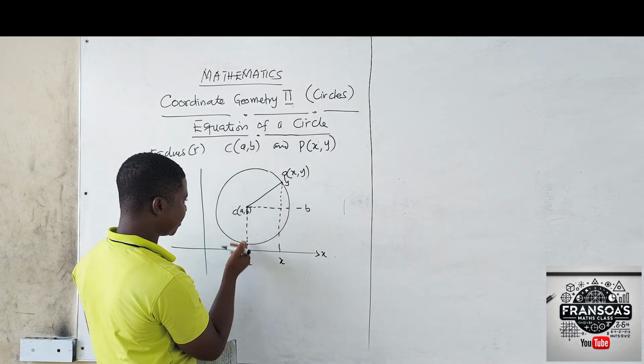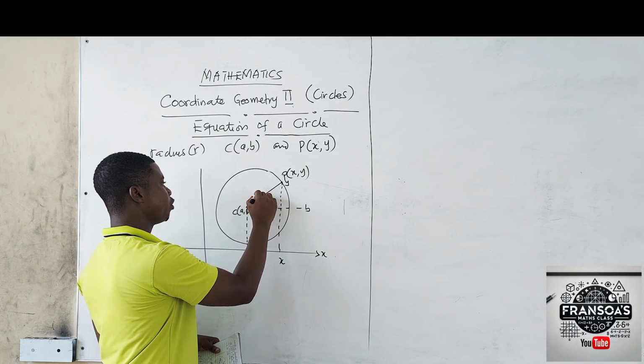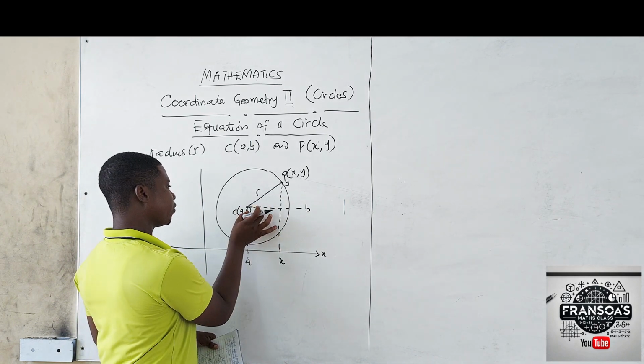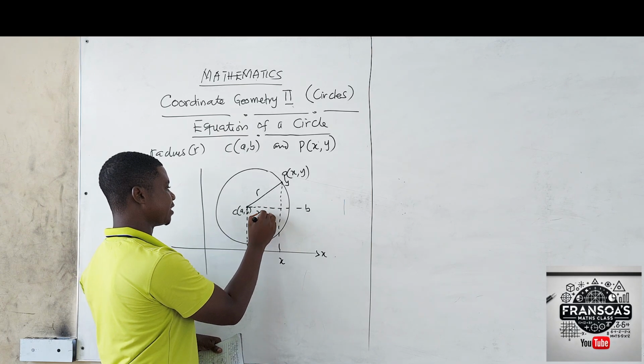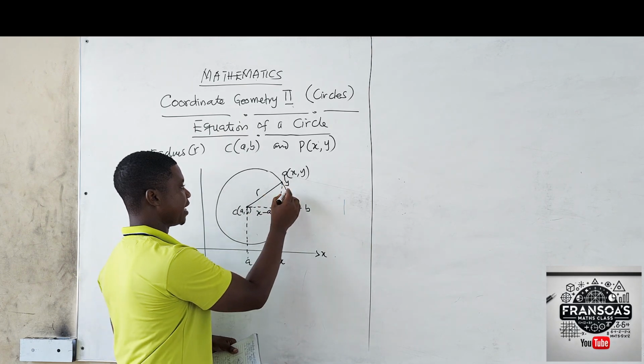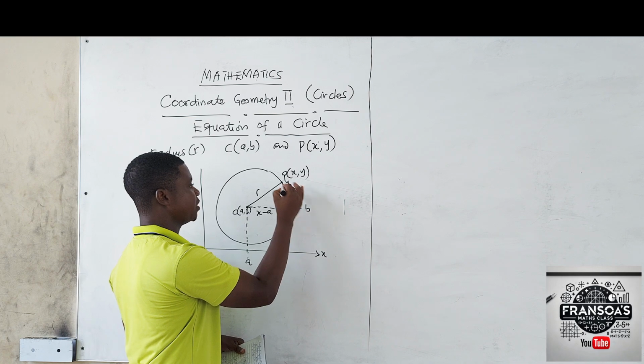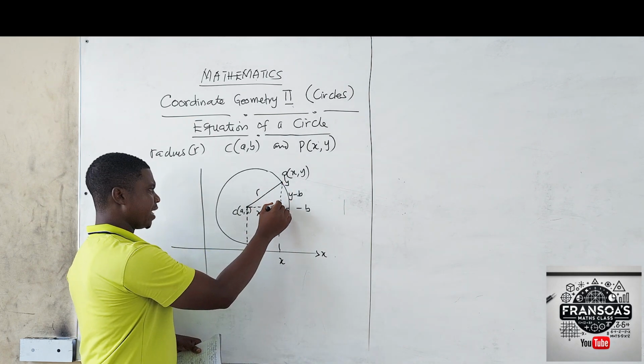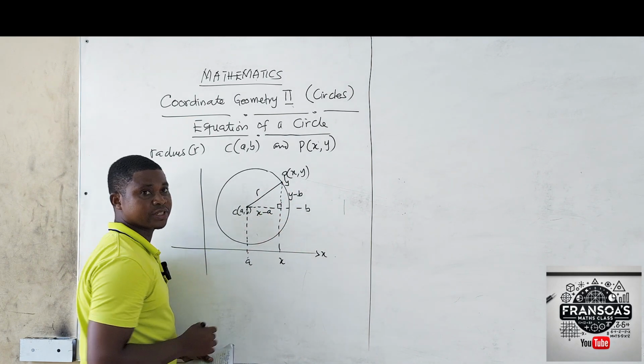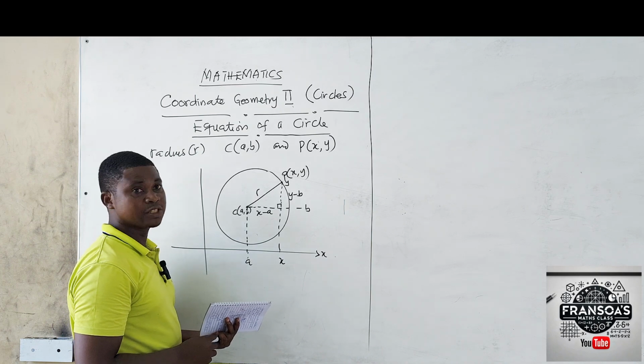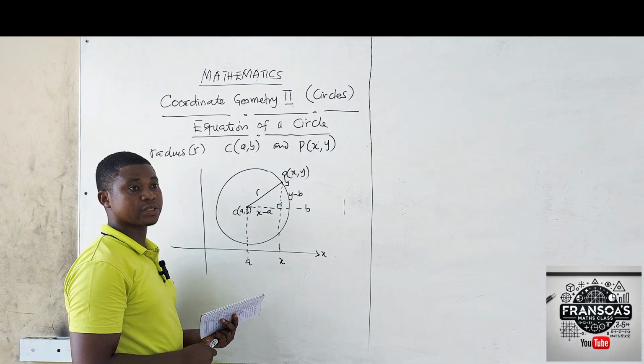So looking at the difference from here to this side, we have our radius r. The difference gives you x minus a, and this side the difference also gives you y minus b. But you realize this one, you are getting an angle of 90 degrees. So getting the angle of 90 degrees, it means that we can use the Pythagoras theorem.